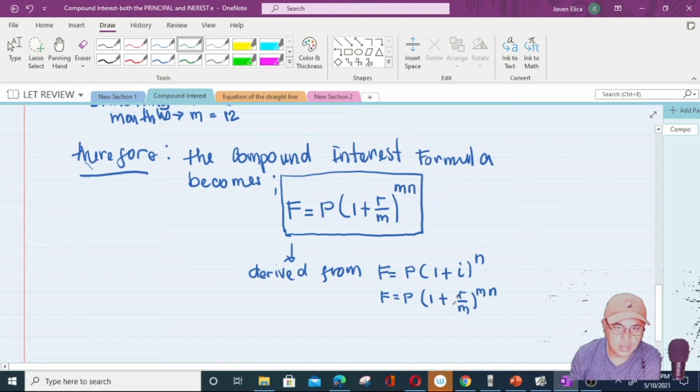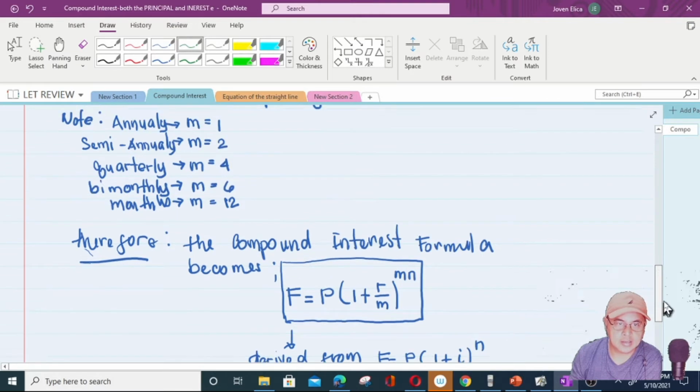Replace I with R over M and then multiply N by M. And this will be our compound interest paid with a nominal interest rate.